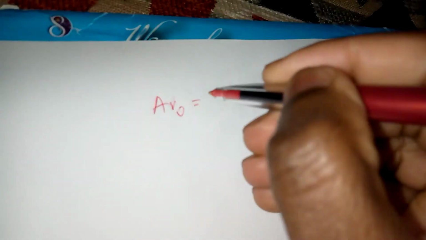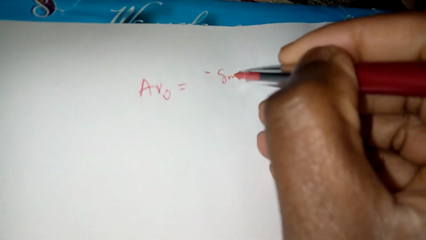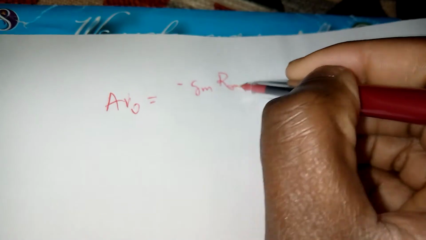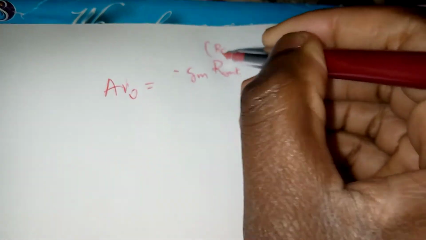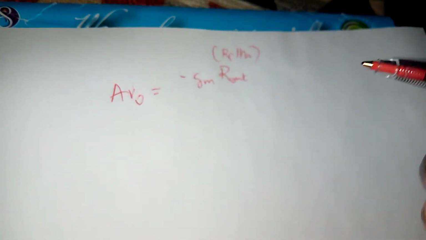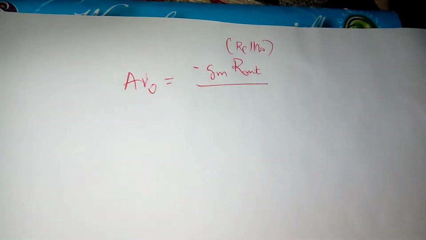In the single power rail double emitter configuration that we are busy analyzing now, we got to a point where the unloaded gain AVO has been approximated as minus gm times the output impedance, which is RC in parallel with RO, which can only be RC if RO is infinite, divided by 1 plus gm RE1.